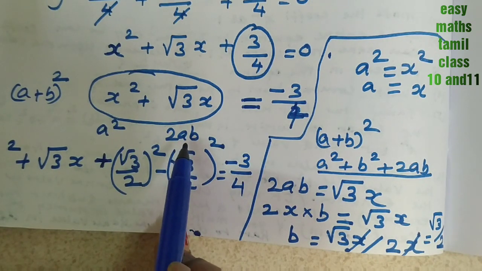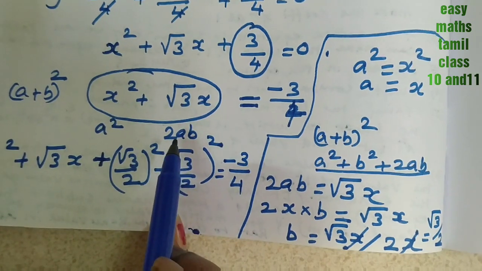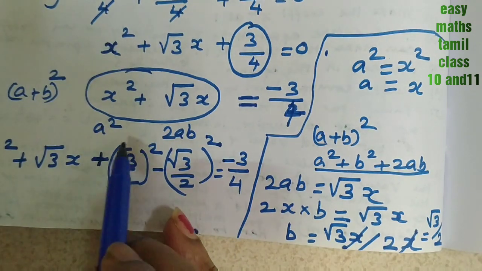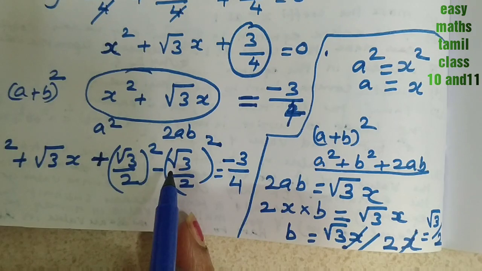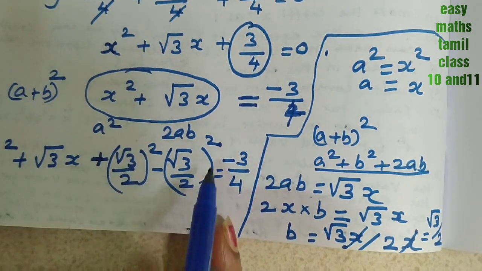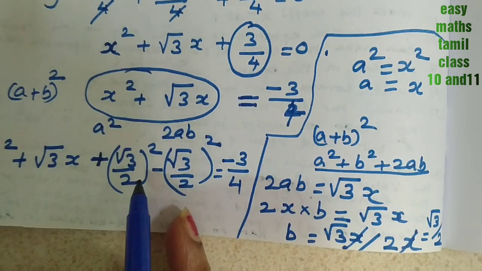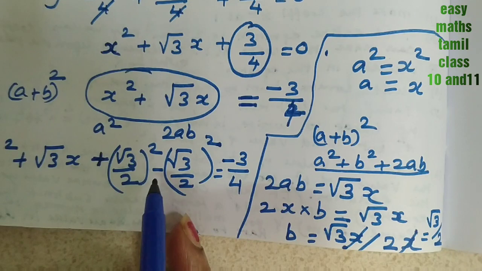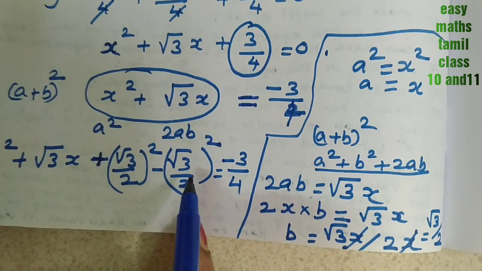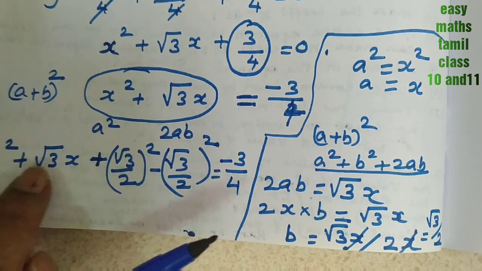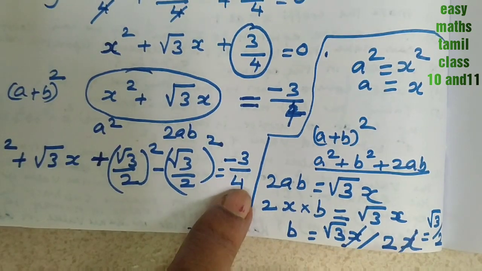Still we have to find the value of b square. So after finding the value of b square, we have to add the b square value. At the same time, we have to subtract the b square value because it is not given in the question. So if we add any term, we have to subtract that term also, then only the equation will not change. X square plus root 3x equal to minus 3 by 4.